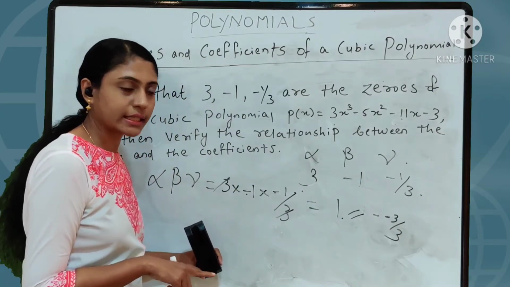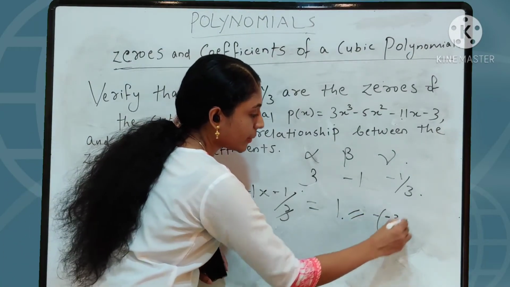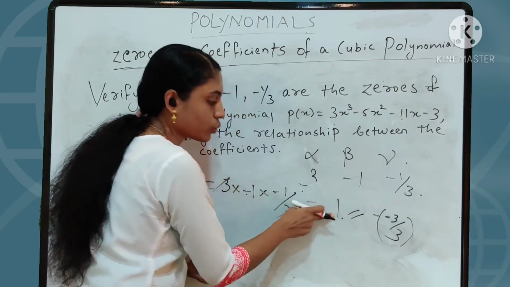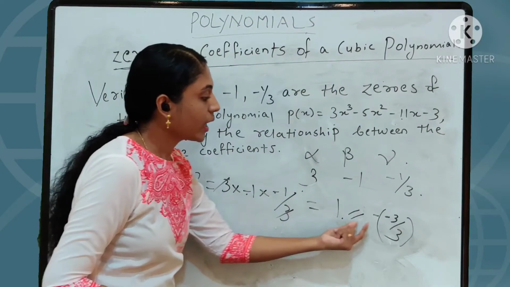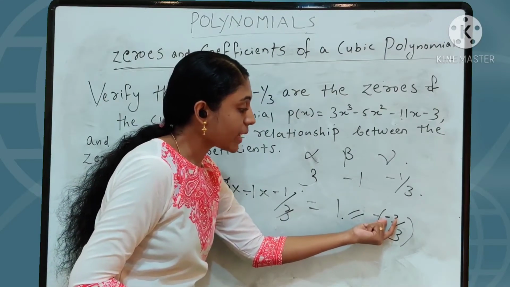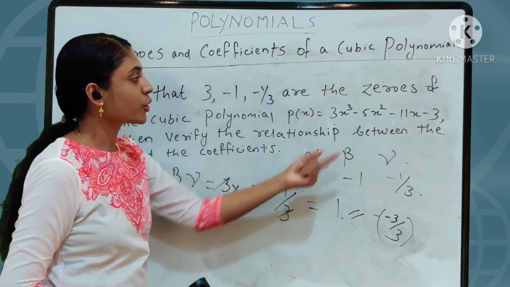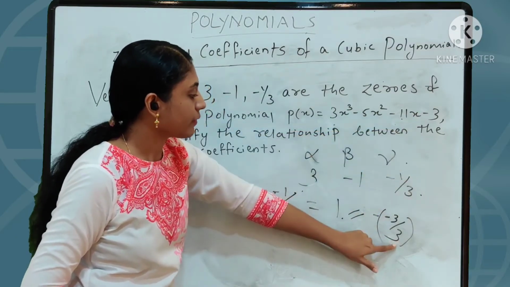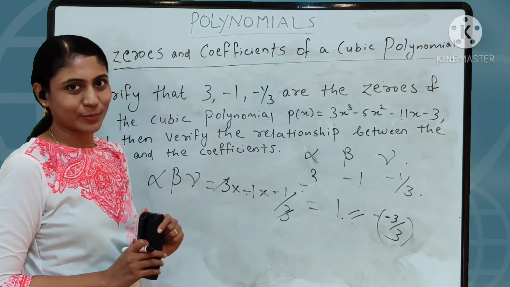Why do we write like that? Minus of minus 3 by 3 means 3 gets cancelled, minus minus becomes plus. So the answer is plus 1, which we rewrote as minus of minus 3 by 3. Why? To get the form negative of constant term divided by coefficient of x cube.